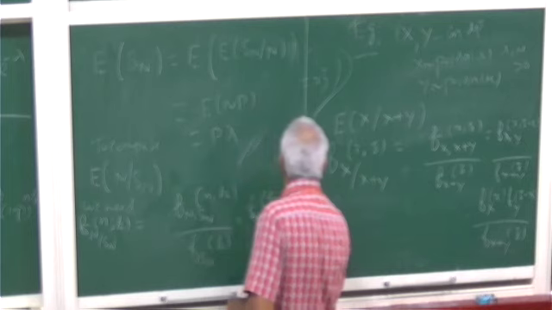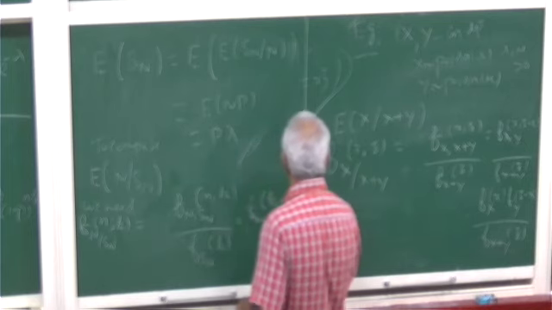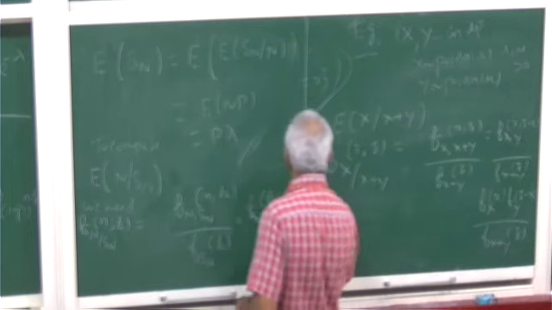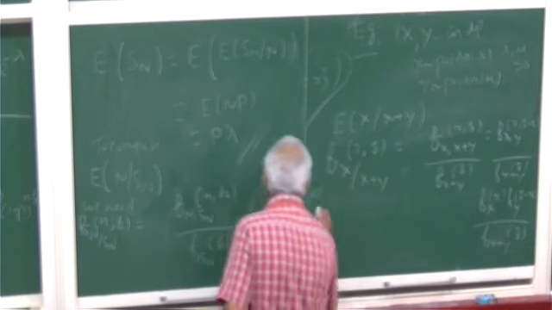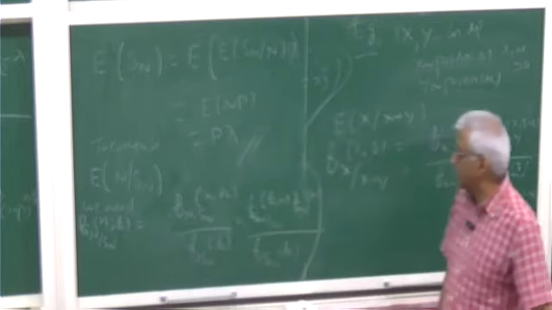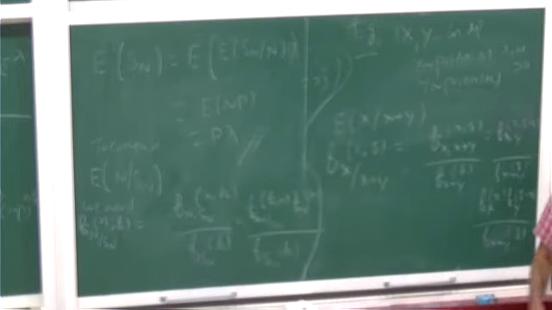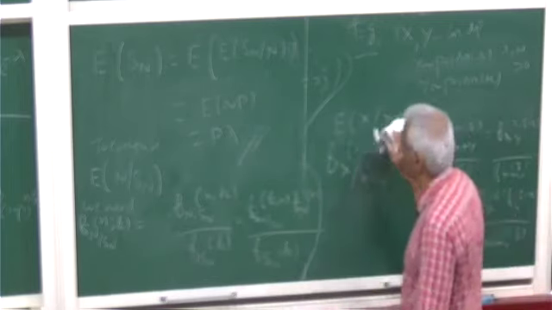So f of N of n divided by f of Sn. I hope I have written it correct. If you find a mistake, you tell me. That's going to affect here.